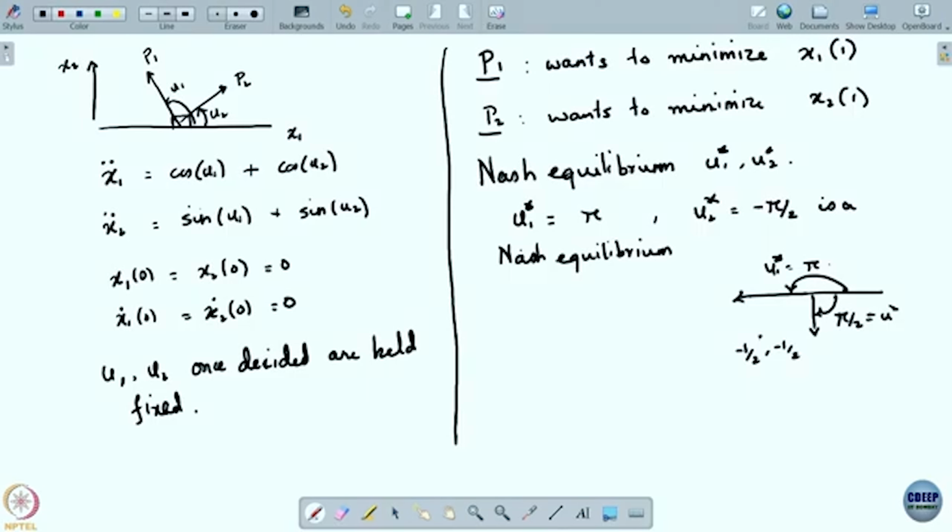Okay. Now, what is interesting about this? The block has basically moved in this particular direction.